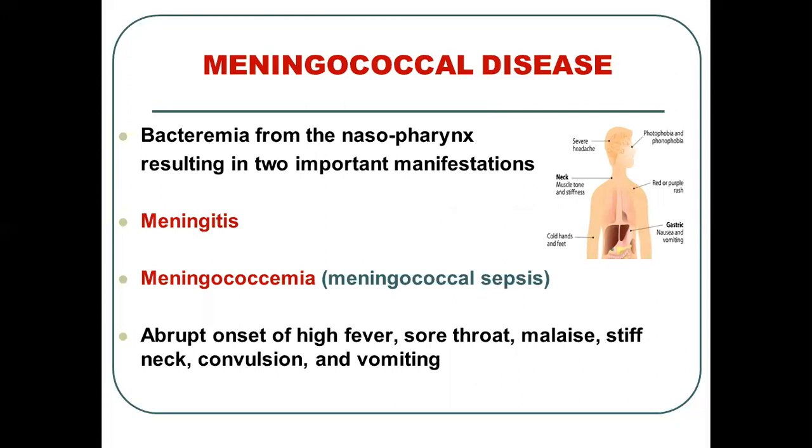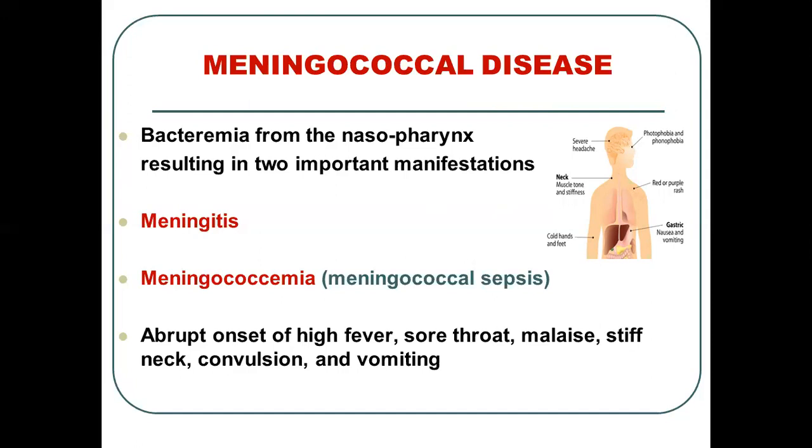If you look at meningococcal disease, initially the organism enters the blood and establishes bacteremia, and this bacteremia then goes to the brain and other organs and becomes disseminated through the body. There are two important manifestations of this organism. Once it enters the body, establishes itself, and multiplies, the bacteremic state develops, and then there are two implications.